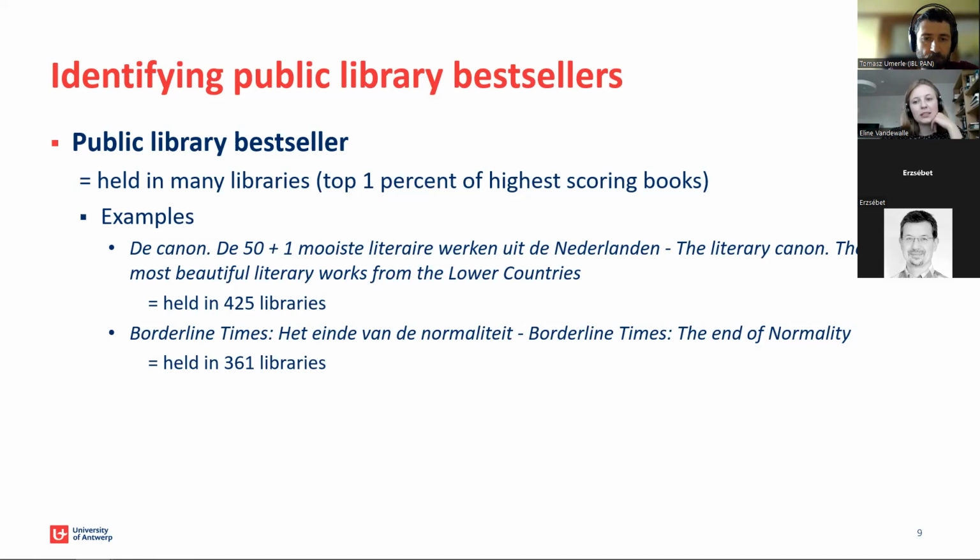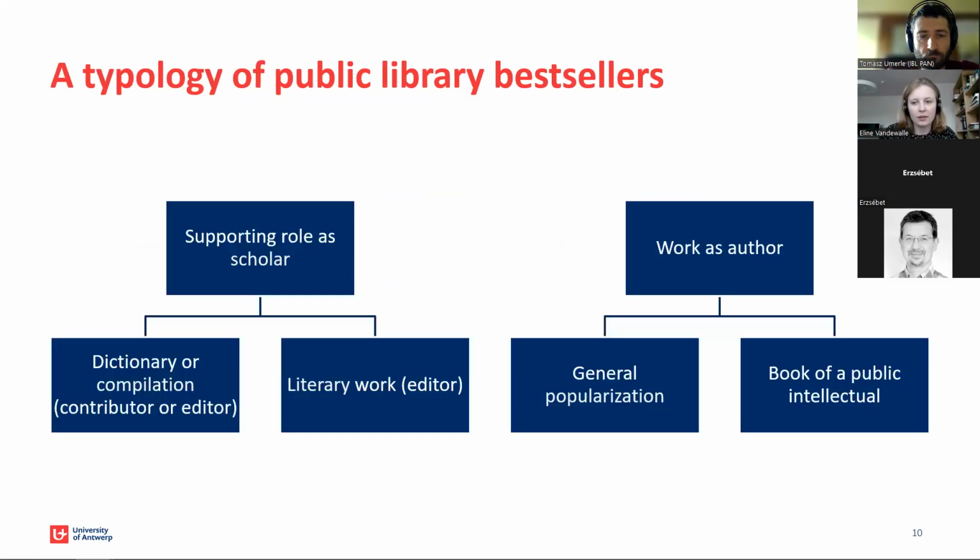So basically what we did is we looked at the top 1% of highest scoring books in more detail and tried to devise a kind of typology of those books along the lines of what type of contribution the social science or humanities scholar is offering here. We first distinguish the social science and humanities scholar in a supporting role as a scholar, where we can see that dictionaries and compilations are quite widely available in public libraries, but also literary works.